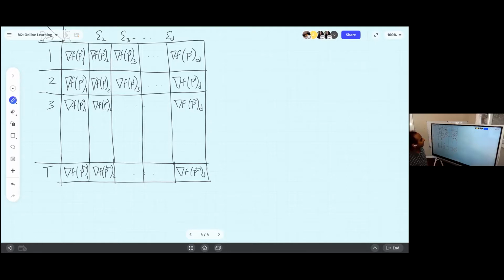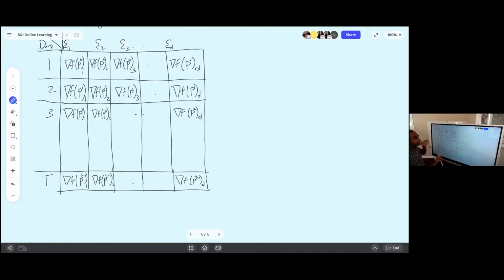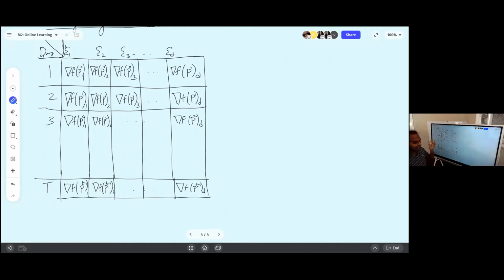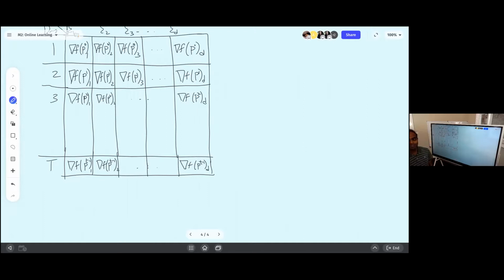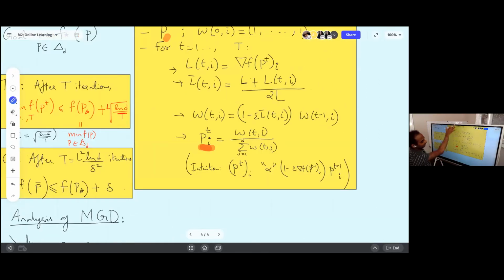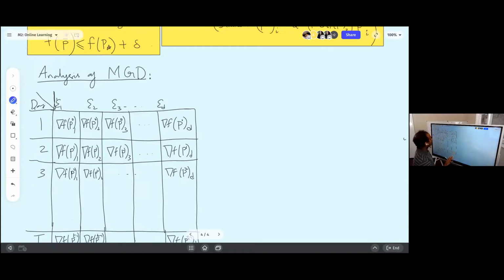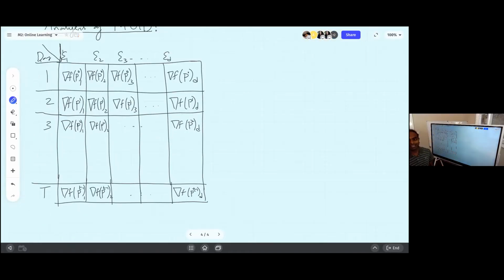Now we have some regret guarantee. The regret guarantee tells us something about the performance of the multiplicative weights update method, which is exactly this algorithm. It goes through the exact same iteration, so the p's are updated in the same way, and the best loss that any expert achieves.